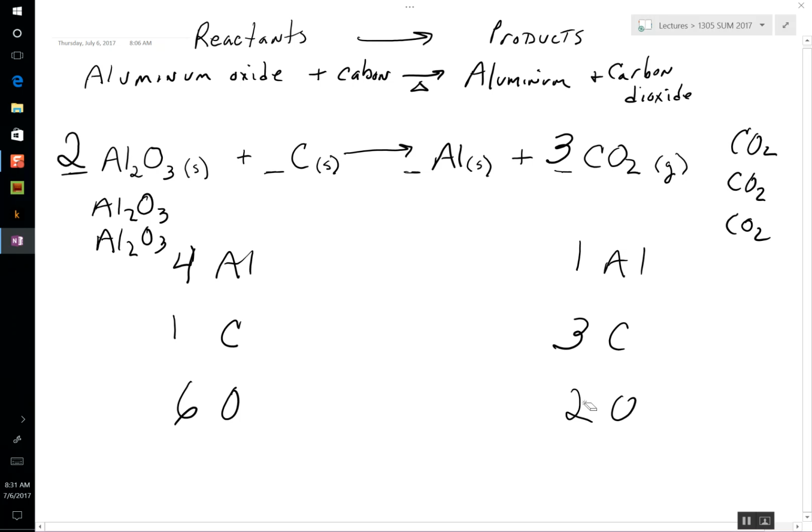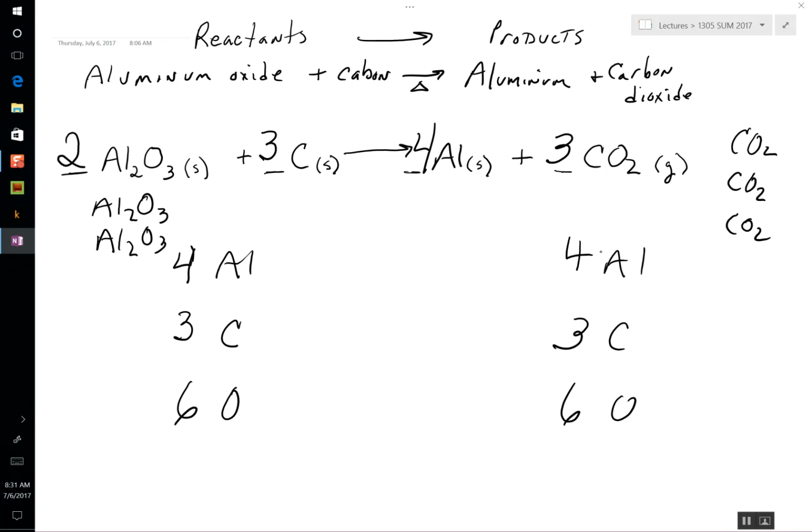So that's 3 carbons, and that's 2, 4, 6 oxygens. All right, so now come back and fix the carbon. 3 right there. Come back and fix the aluminum. 4 right there. And it's balanced. All right?